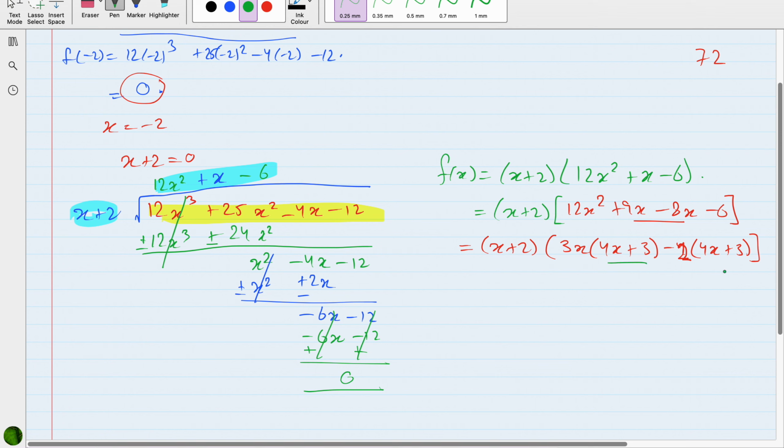Combining the two, I get x plus 2 times 4x plus 3 times 3x minus 2. So this has been factorized completely.